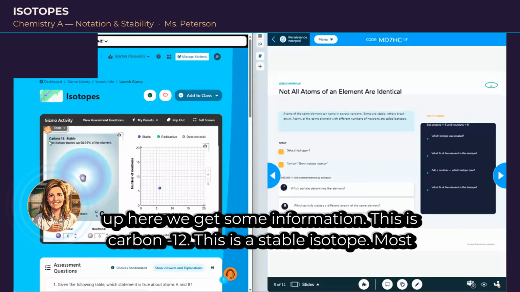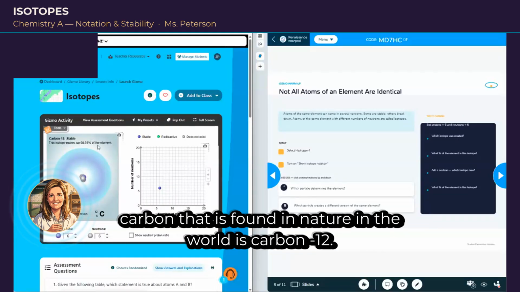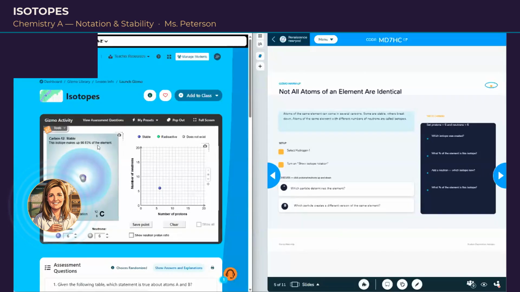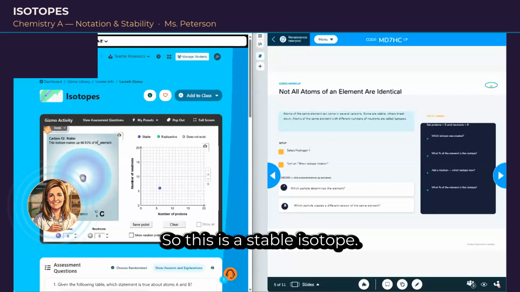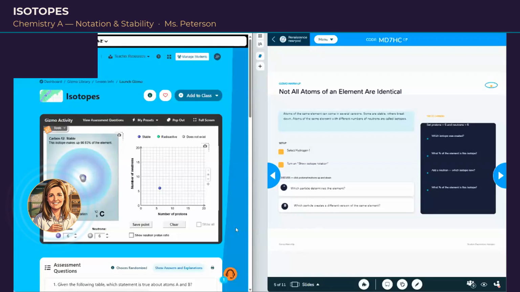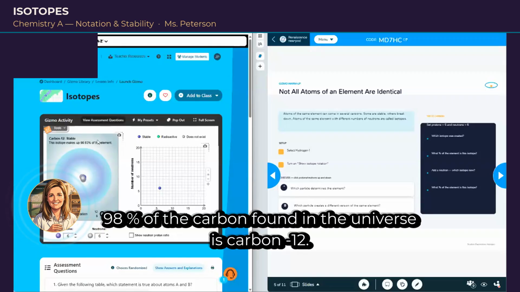And then up here, we get some information. This is carbon 12. This is a stable isotope. Most carbon that is found in nature, in the world, is carbon 12. 98% of the carbon found in the universe is carbon 12.